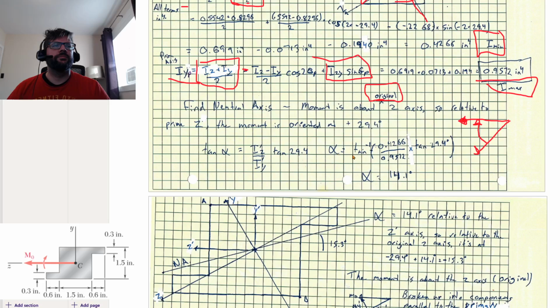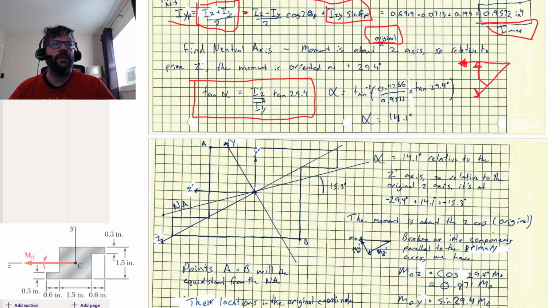We've got this formula that we use to find the neutral axis. Our tan alpha, the angle of the neutral axis relative to the prime axis in question, is equal to Iz divided by Iy times tan of the angle of the moment relative to the prime axis.